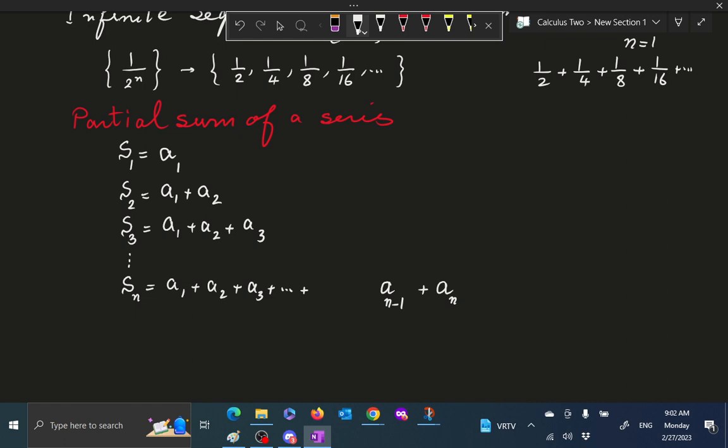So if I'm going to term number 100, I have a100. The one prior to that is a99. The one prior to that is a98, and so on. So I have all of these things listed. Yeah, that forms the S sub n. So this is called the nth partial sum.